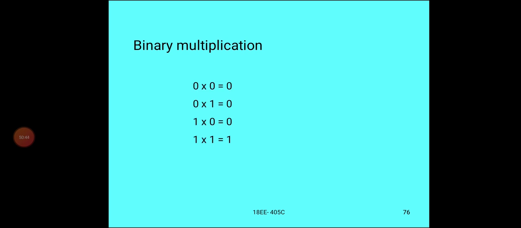Binary multiplication can be performed as: 0 multiplied with 0 is 0, 0 multiplied with 1 is 0, 1 multiplied with 0 is 0, 1 multiplied with 1 is 1. Multiplication of binary n-bit values is as with decimal values.